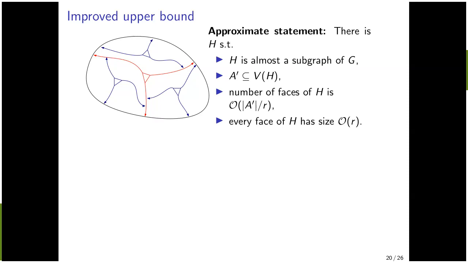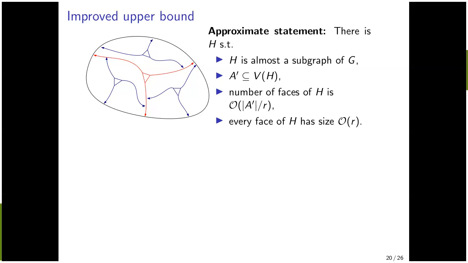And why is this useful for us? Because now all the faces of H will give the family of guarding sets. When I take a vertex of G, I can look at which face of H contains it in its interior. And now the boundary of this face is a guarding set for my vertex.